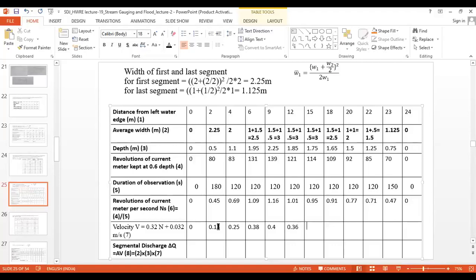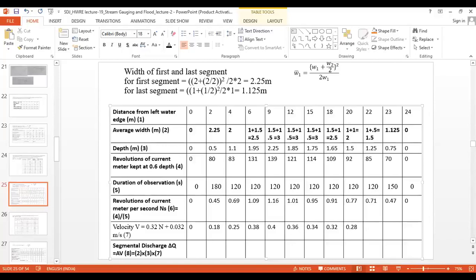Then 0.32 into 0.95 plus 0.032, 0.34, 336 is there, so 0.34 will go. Then 0.32 into 0.91 plus 0.032, that is 0.32. Then 0.32 into 0.77 plus 0.032, that is 0.28 because 0.78 is there.